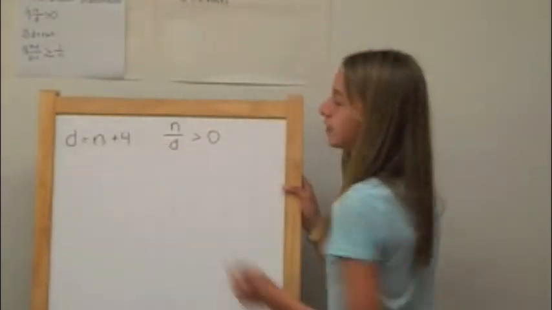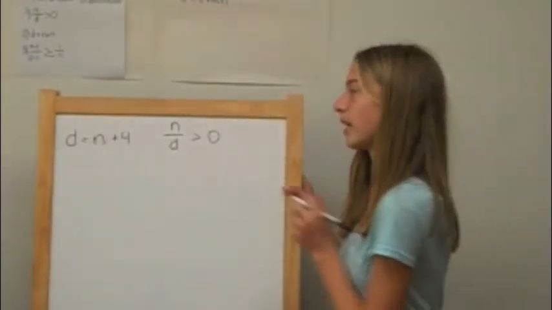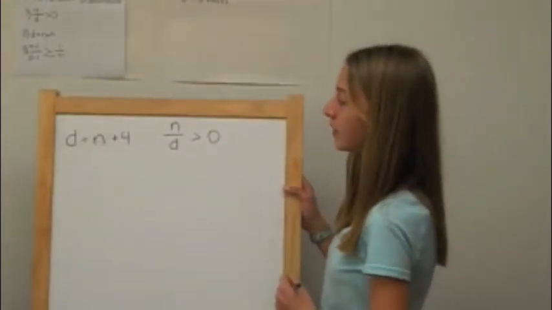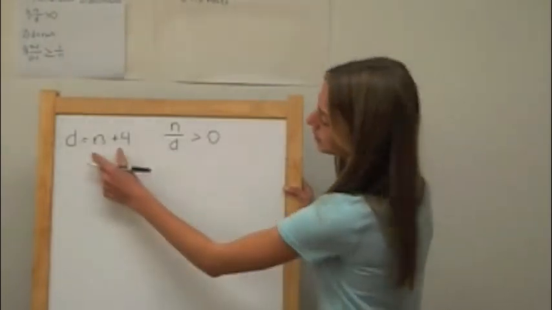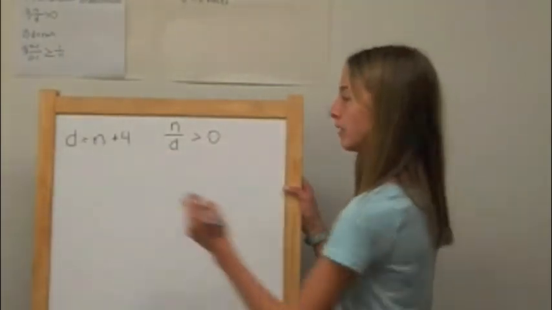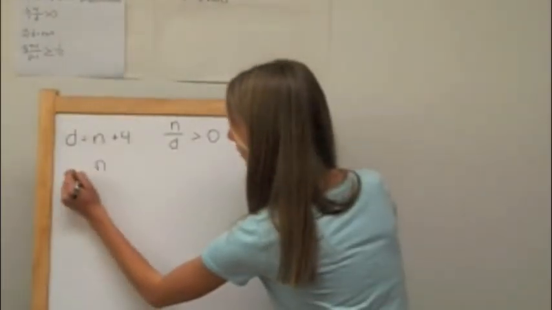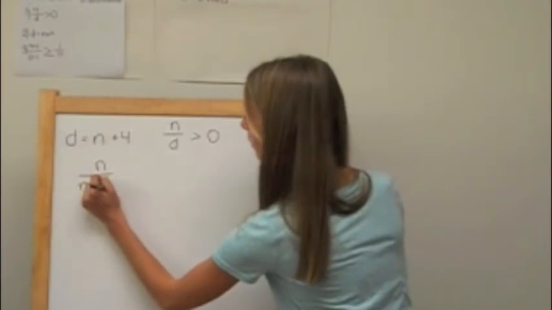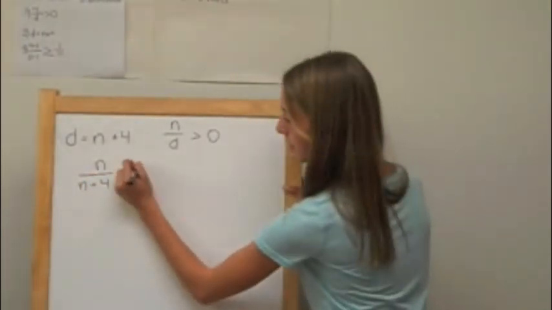First, we have to solve this inequality and this equation. To do this, we will first use substitution. We are going to substitute n plus 4 into this denominator. We have n over n plus 4 is greater than 0.